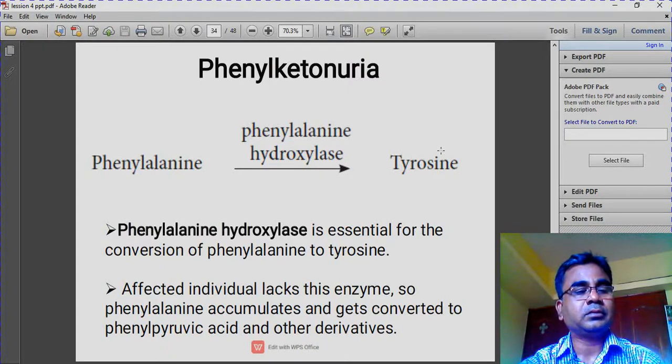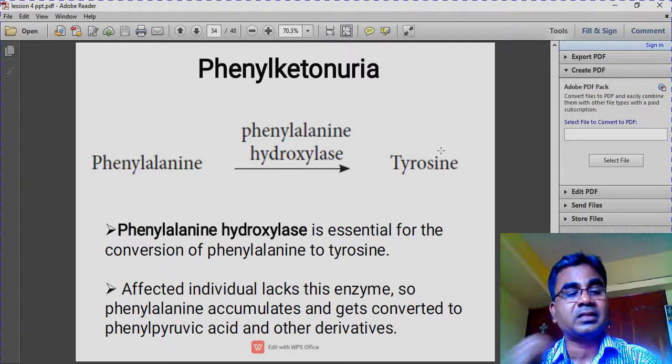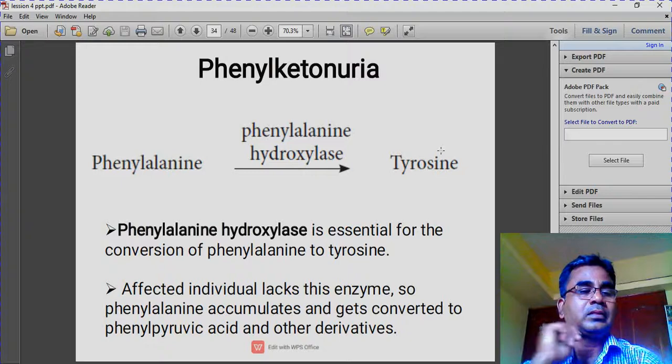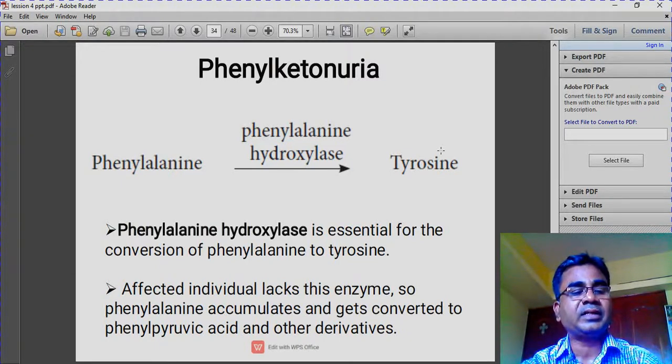The gene, that is the PAH gene, phenylalanine hydroxylase, is located on chromosome number 12. That gene is mutated, so it is unable to produce the enzyme phenylalanine hydroxylase.